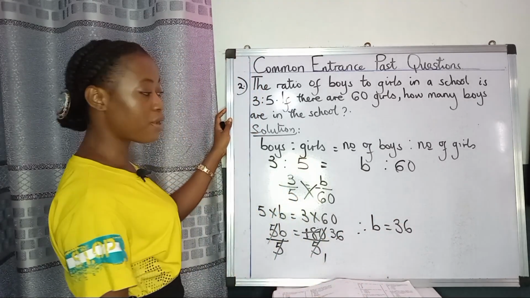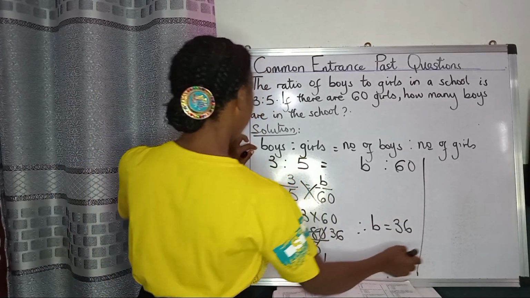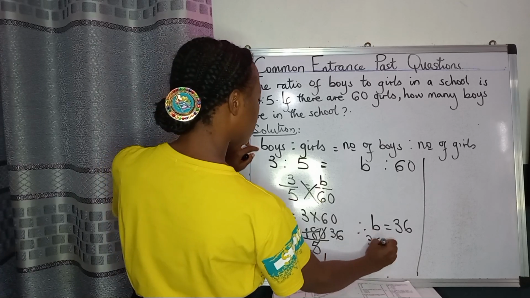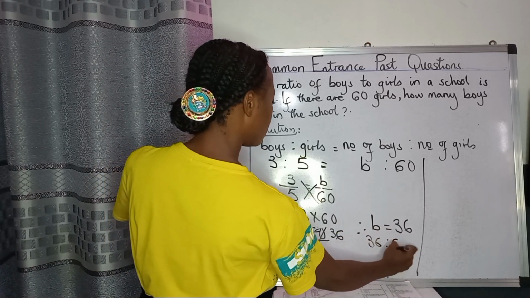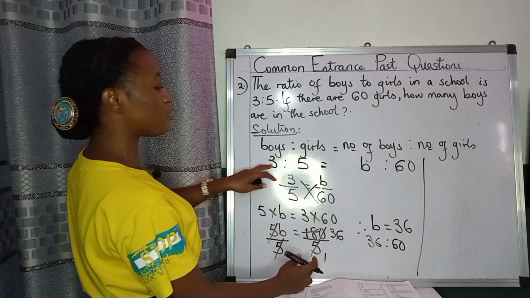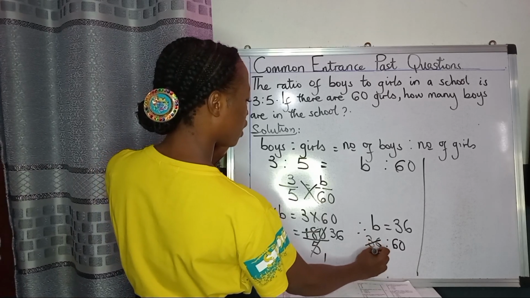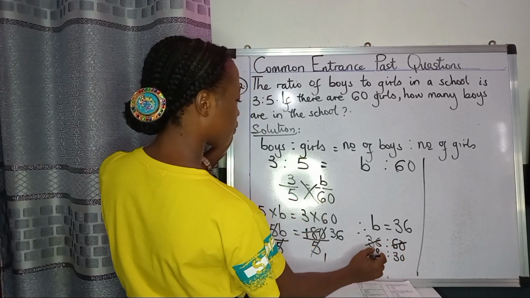And for you to know whether you are correct, now, number of boys, I have the number of boys now as 36. And I have the number of girls as 60. Now, if I reduce this to the lowest term, it must give me 3 ratio 5. 2 here is 18, 2 here is 30, right?